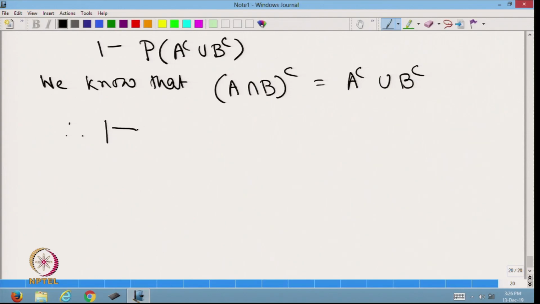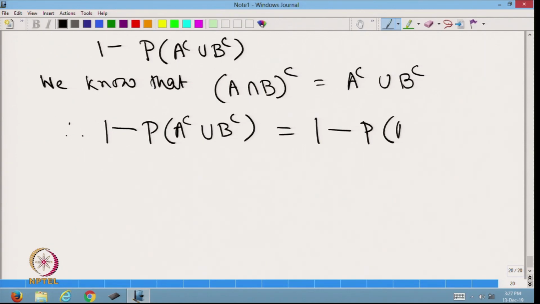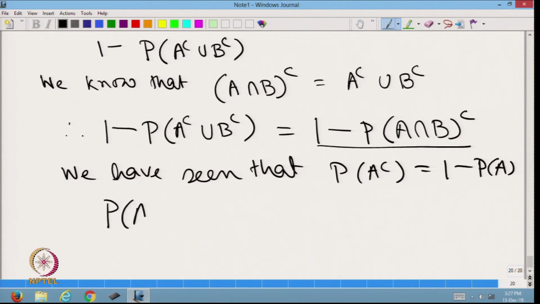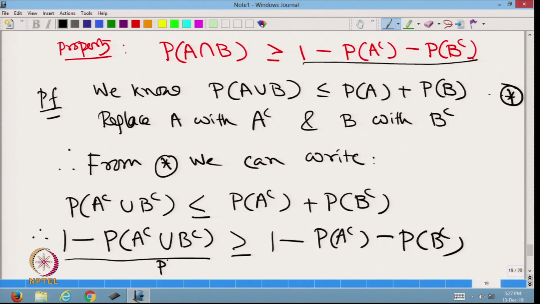Therefore, 1 minus probability of A complement union B complement is equal to 1 minus probability of (A intersection B) complement, and we have seen that probability of A complement is equal to 1 minus probability of A. Therefore, this whole thing is going to be probability of A intersection B. Hence, probability of A intersection B is greater than or equal to 1 minus probability of A complement minus probability of B complement.